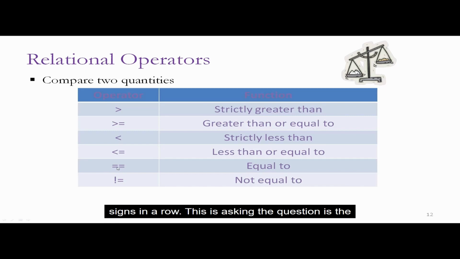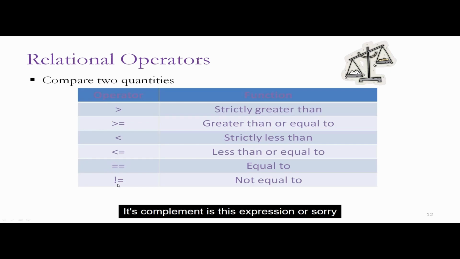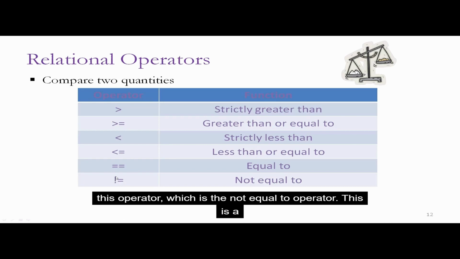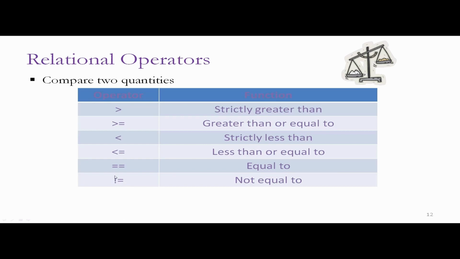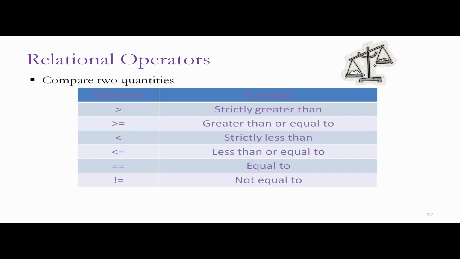This is asking the question, is the left-hand side equal to the right-hand side? Its complement is the not equal to operator, which is an exclamation mark followed by an equal sign. And this means we are asking the question, are these two quantities not equal?